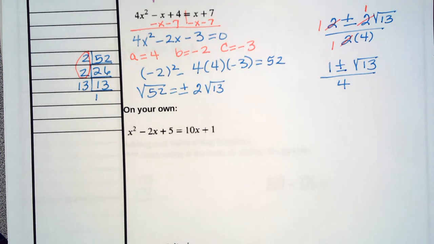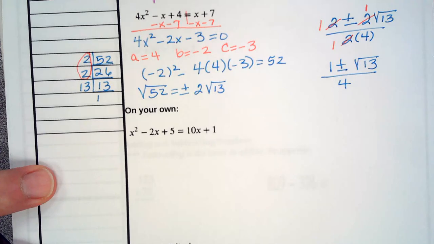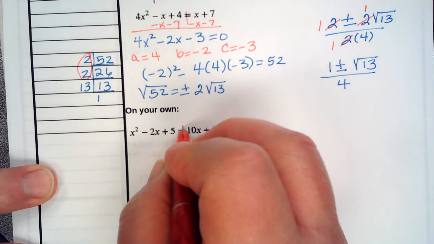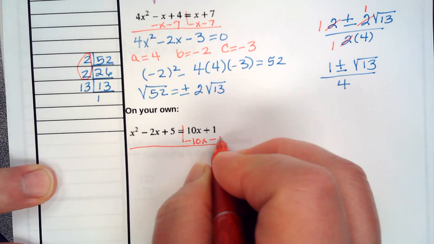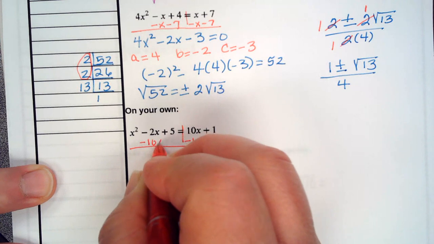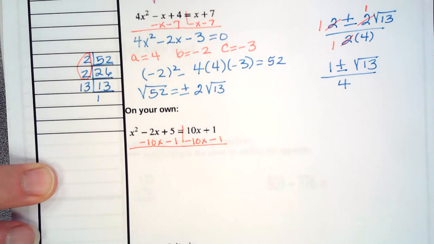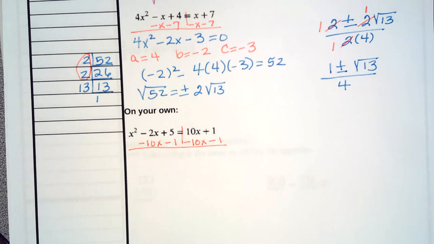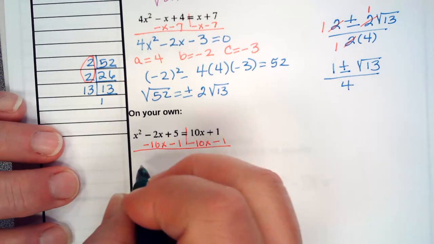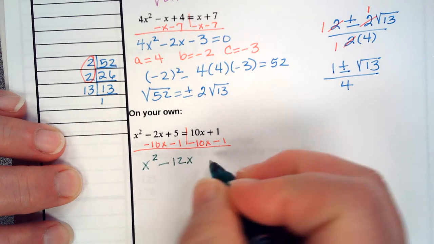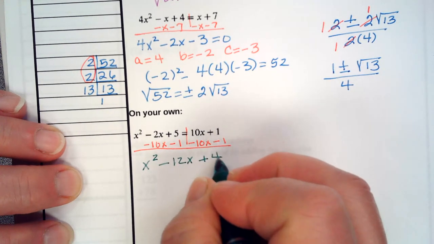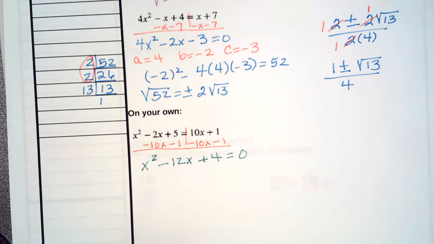So pause the video and see if you understand how. Step 1. Set it equal to 0. I have x squared minus 12x plus 4 is equal to 0.